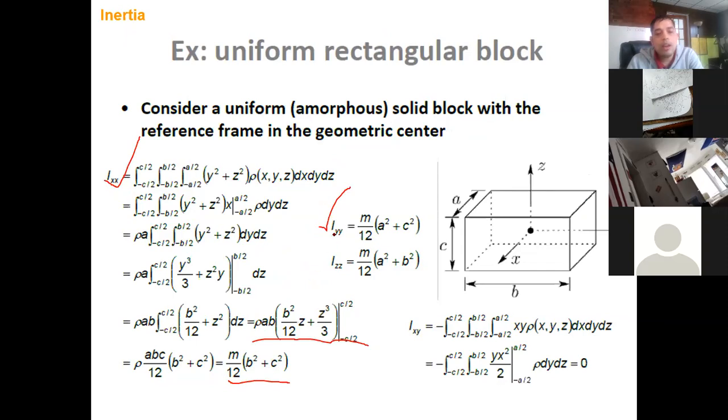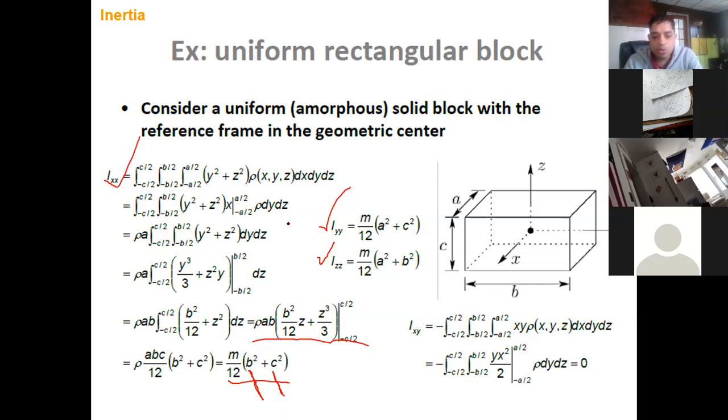If you have YY, remember B is the dimension in the Y direction and C is the dimension in the Z direction. Then you'll have A squared plus C squared. Exactly. So for IZZ, you have A square plus B square. You don't have to do the derivation, it just follows. Cool. So just use the symmetry, okay?